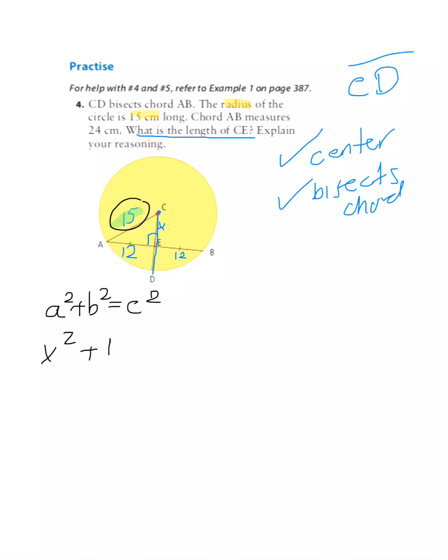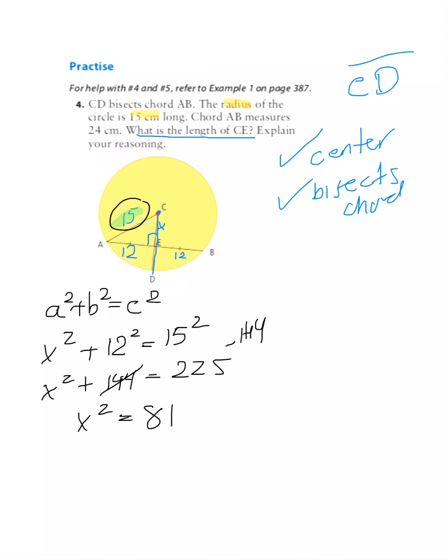X squared plus 12 squared equals 15 squared. So x squared plus 144 equals 225. And then we'll minus 144 to both sides. And I get x squared equals 81.